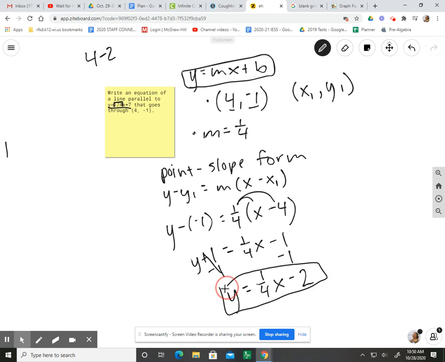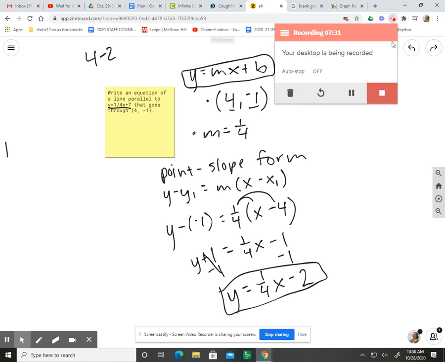And that is my equation in slope-intercept form that is parallel to y equals 1/4 x plus 7. They have the same slope. The only thing that's different is the y-intercepts. So that's pretty much the gist of parallel lines.